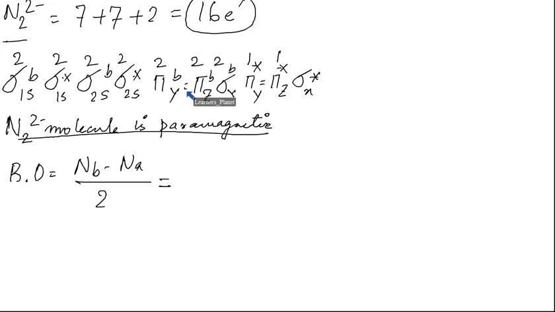There are 10 electrons in the bonding orbital, and 2, 2, 4, 5 and 6 electrons in the antibonding orbital. Hence it is equal to 10 minus 6 divided by 2, which is 4 by 2, which is 2. So N2 2 minus has a bond order equal to 2.